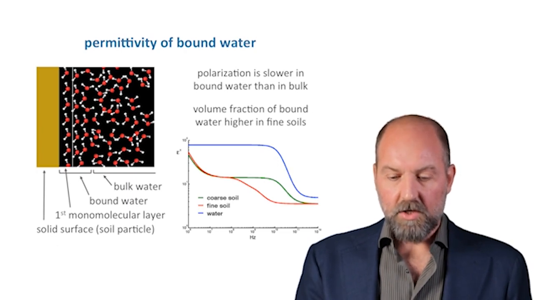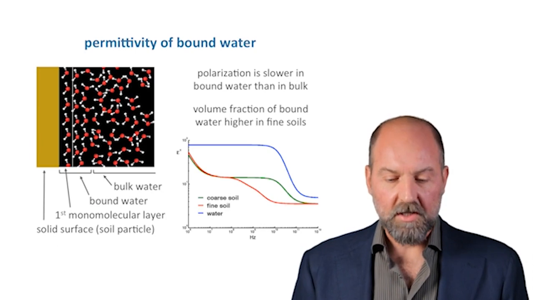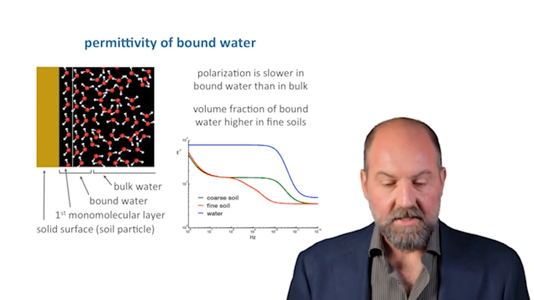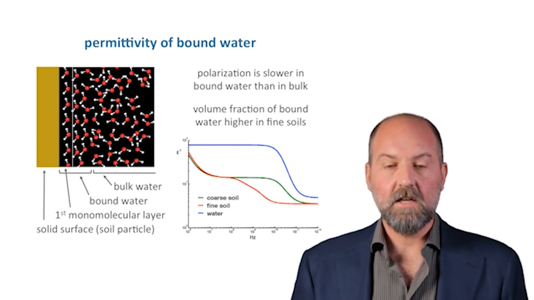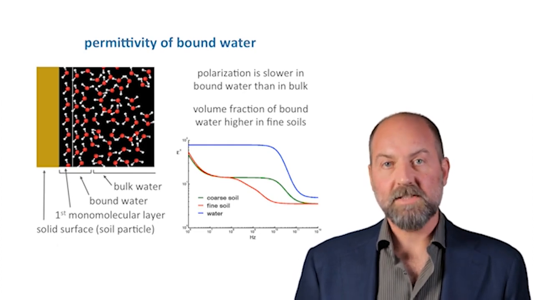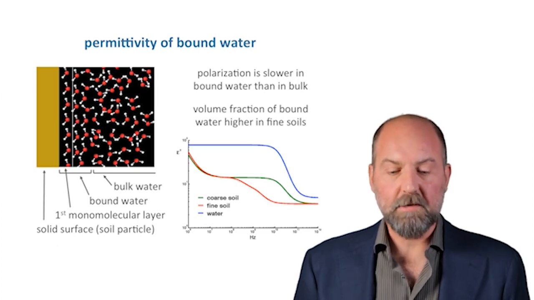Here we have an image displaying an ensemble of water molecules, and it is intuitive that the electrostatic and the van der Waals forces at the surface somehow must affect the water molecules which are in proximity with it.